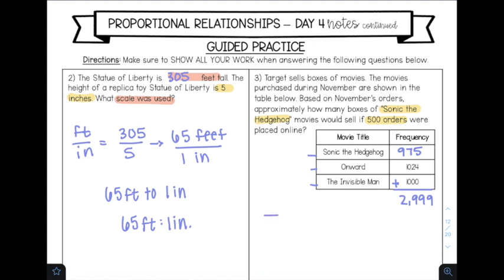Out of the 2,999, you want to focus solely on Sonic the Hedgehog, which 975 of those were sold. The question is asking you on the next 500 orders, how many would be Sonic the Hedgehog based on the numbers already provided. So the total would be 500, and the missing part is Sonic the Hedgehog. Remember, you're using the 975 we got from the table to represent and to predict the next 500.